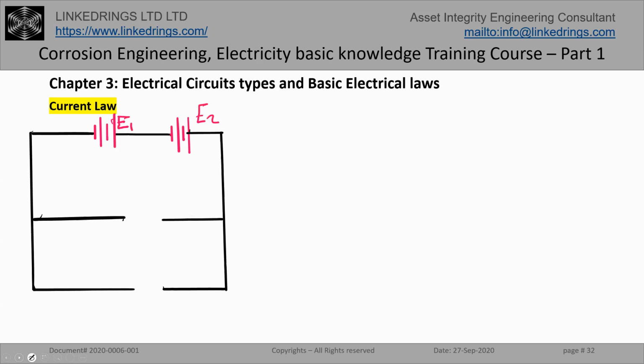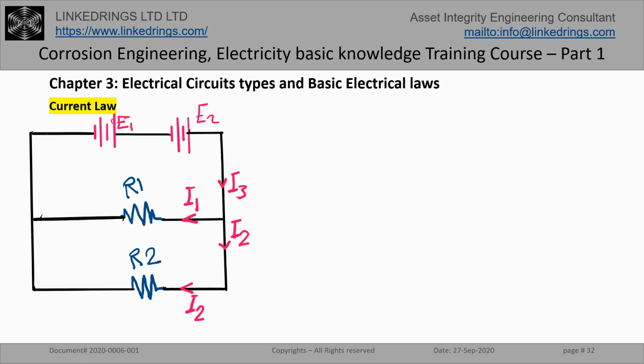Current law. We are seeing now a parallel electrical circuit, with R1 and R2 resistances connected in parallel, and the power sources are E1 and E2.